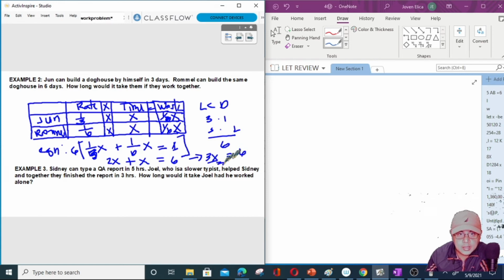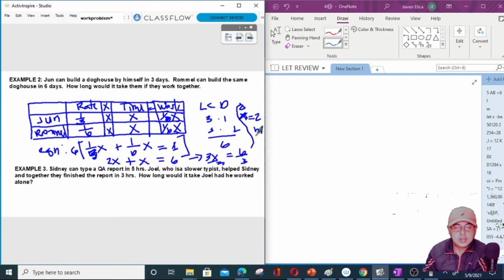Divide both sides by 3. The answer is x equals 6 divided by 3 is 2. 2 hours to finish the job if they work together.